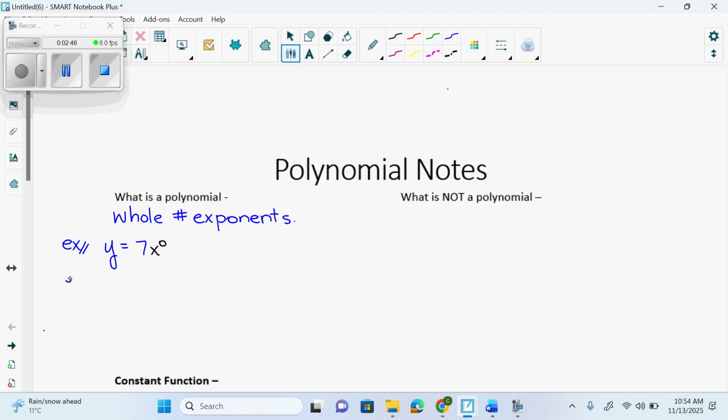In grade 10, another example we started talking about was linear. So y equals like 3x plus 6. And then I say, well, it has to have whole exponents. Every single term has to have whole exponents, correct? So this one, x is just to the power of 1 if it doesn't have a written exponent. And then this one would be x to the what?